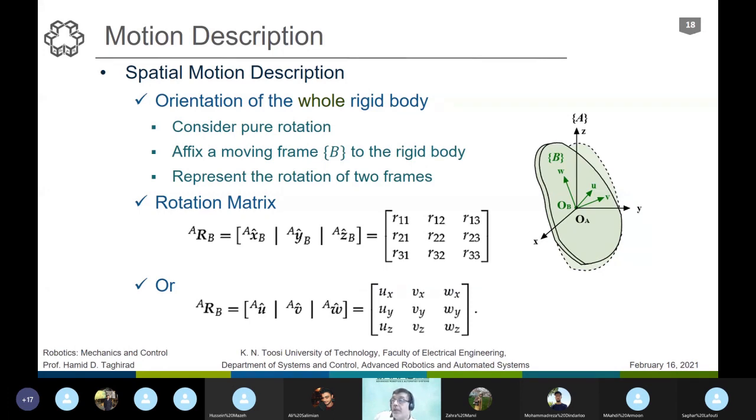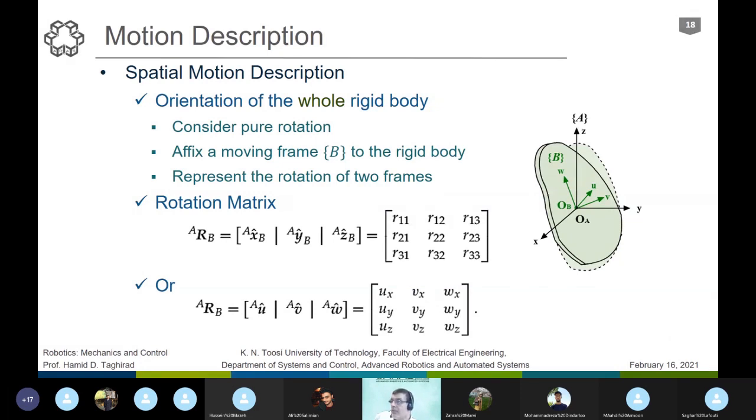Instead of using the motion of the rigid body with respect to a fixed frame, we consider the motion of a moving frame B with respect to a fixed frame. We have only two frames now. Just forget about the rigid body, because it is replaced by its moving frame, and the rotation between these two frames is given.